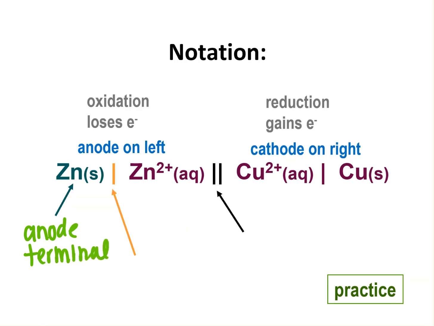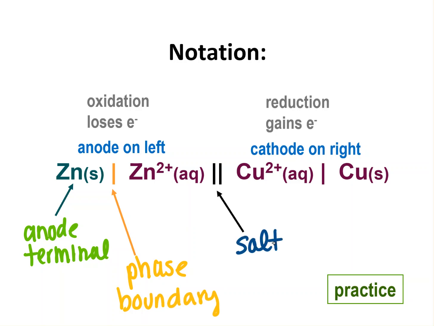The bar represents a phase boundary. The double bar represents the salt bridge. And again, this is the anode and this is the cathode.